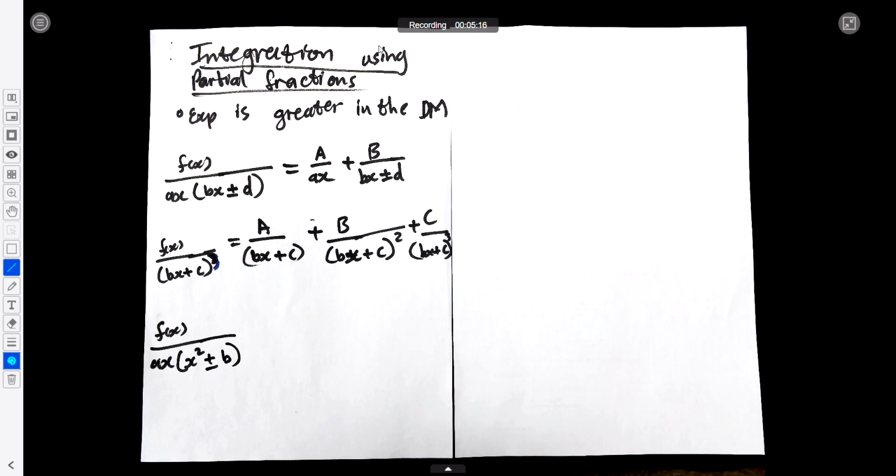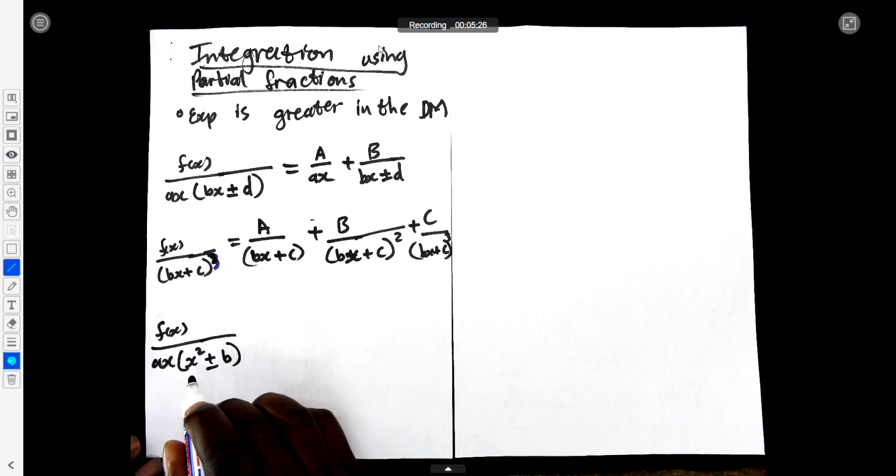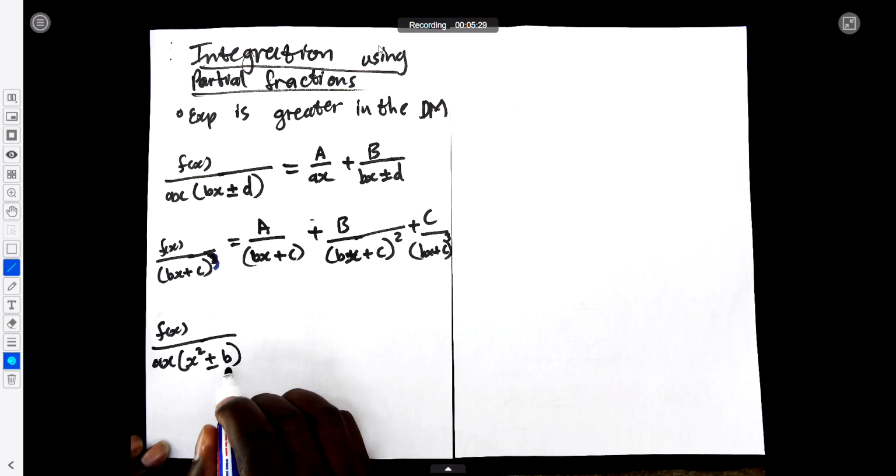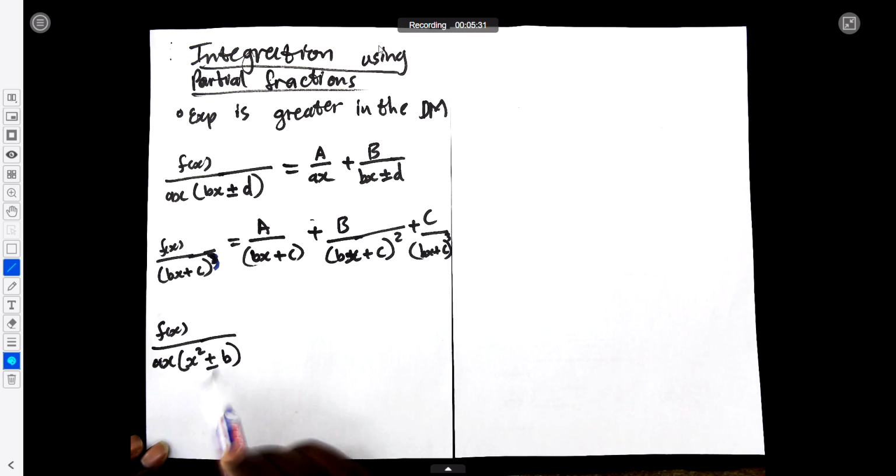We found we couldn't factorize it into linear factors using whole numbers.